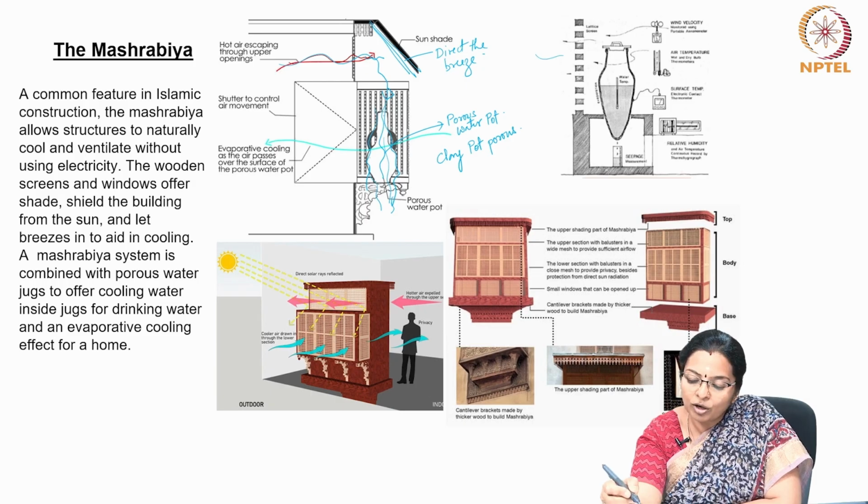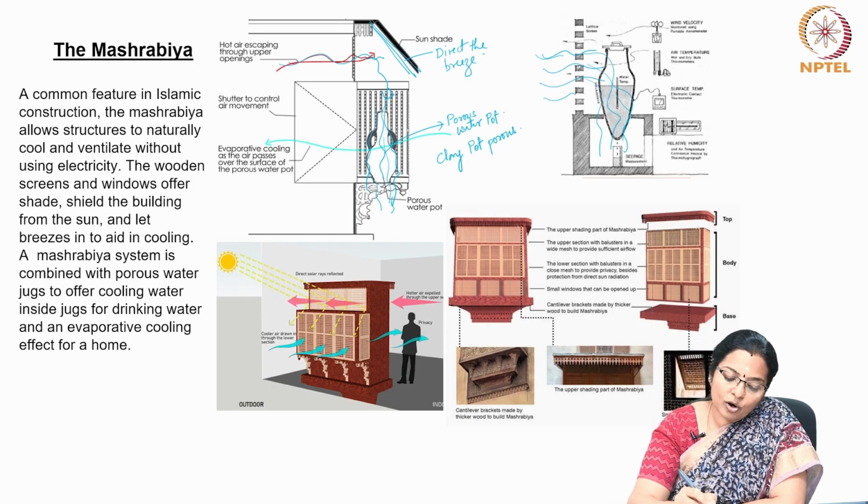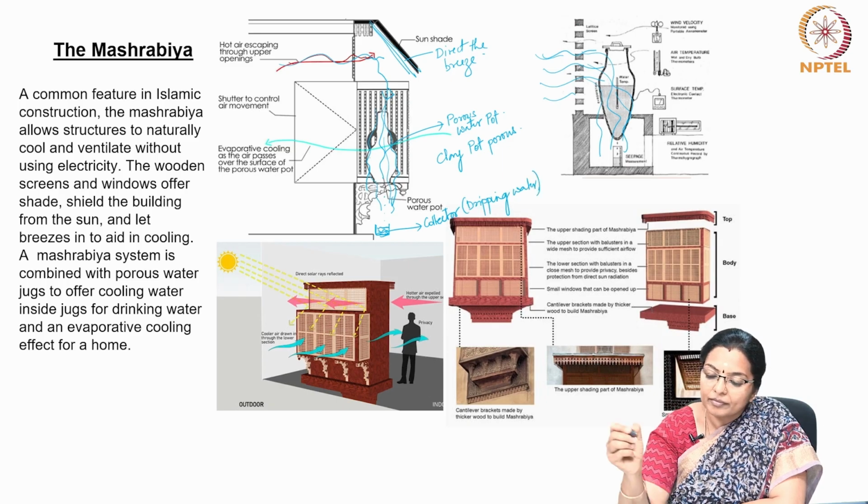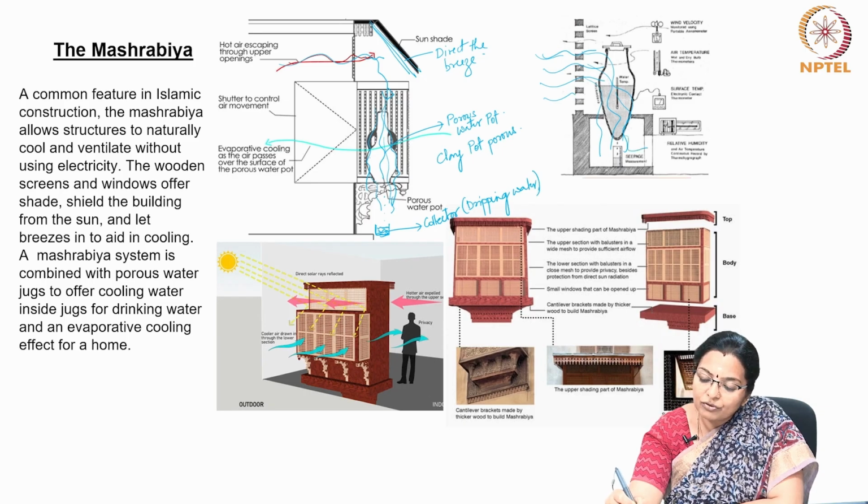Here a small variant is the use of a lattice screen like jalis, and the breeze flows over the pot. There is a small element to collect water that could drip from the pot. So, this is a collector for dripping water. And there is a provision for the cool breeze to enter the room.